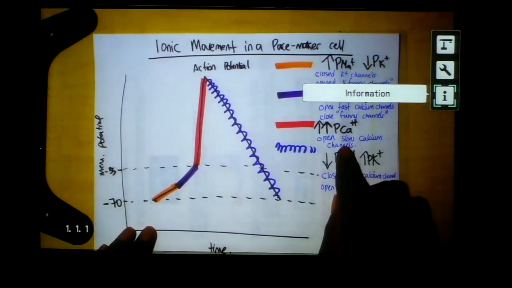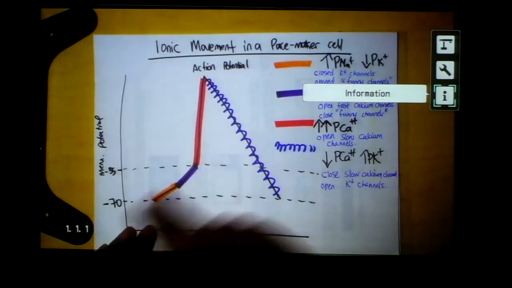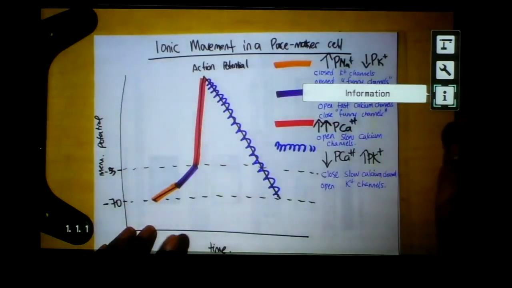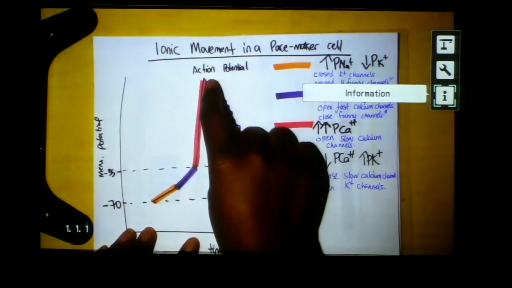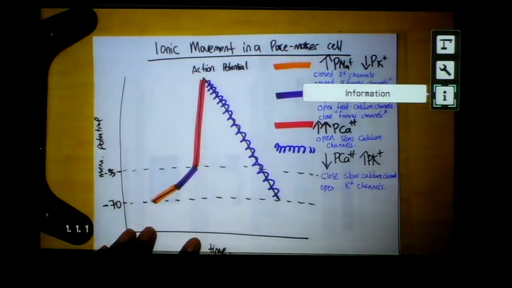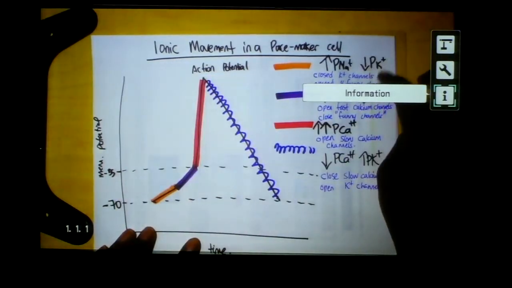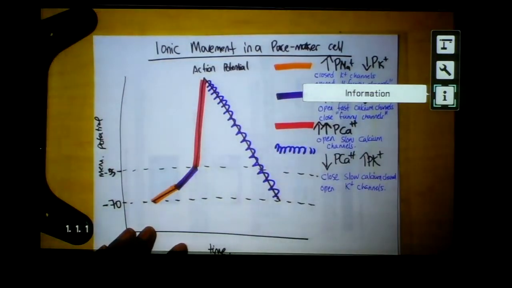It's a slow calcium channel, and that is responsible for the upstroke, for the rapid depolarization of a pacemaker cell. Okay, now when we rapidly depolarize the cell, then we close those calcium channels and we open up potassium channels. And remember, we started with them closed, so now we can reopen them, and that facilitates repolarization.